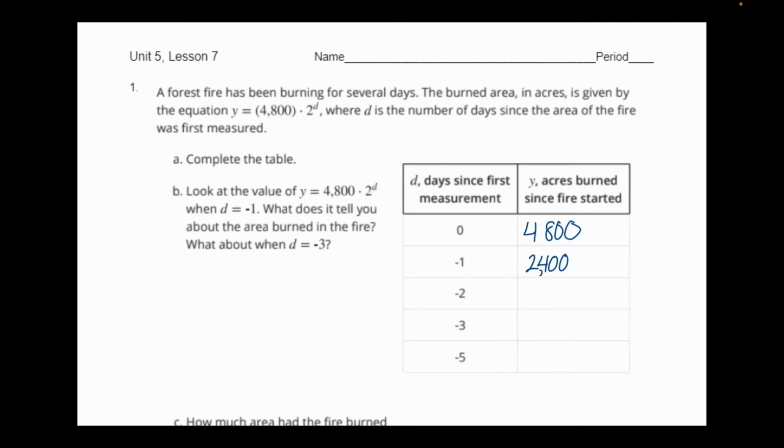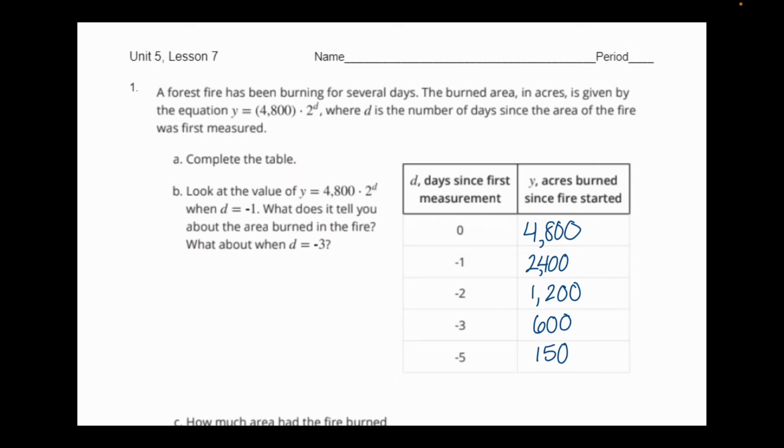And if we put in -3, that comes out to 600. And if we put in -5, that comes out to 150. We're skipping a step in between the 600 and the 150. If you put in -4, you would get 300.